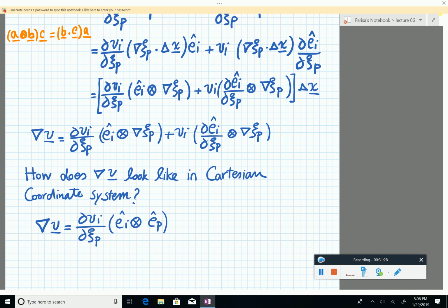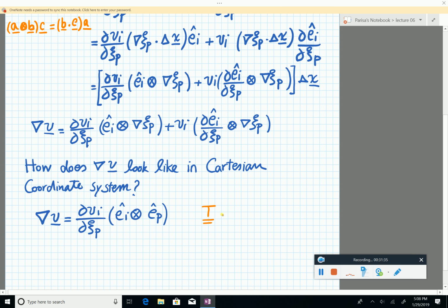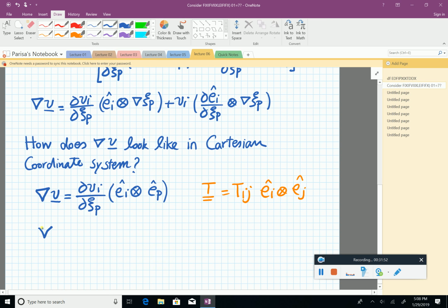So remember this. If we have that, then I think it's fair to say that the component, in this case, is i p. Sorry, I used i p here.